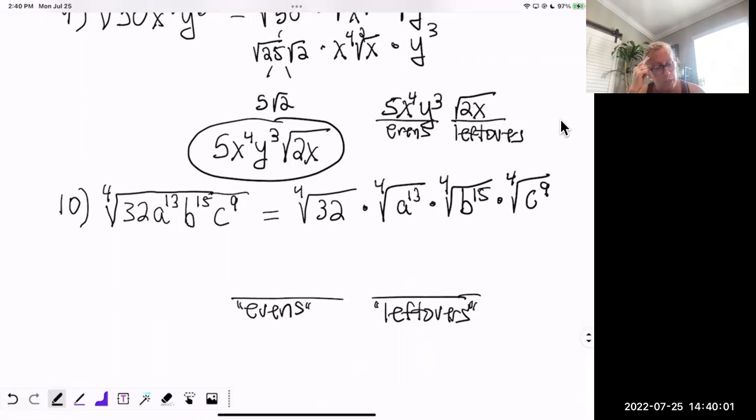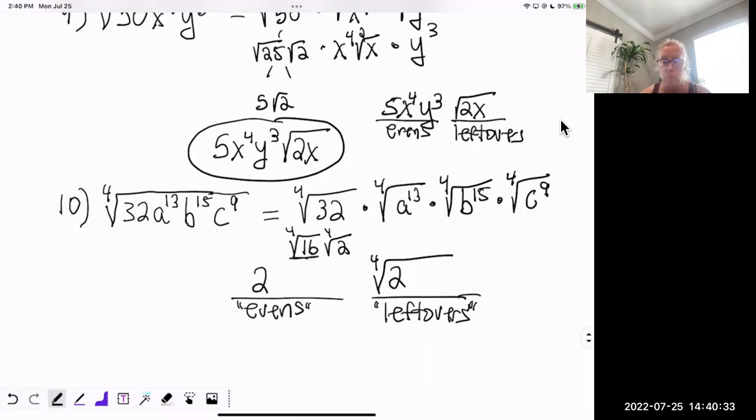Well, 2 times 2 times 2 times 2 is 16, and 3 times 3 times 3 times 3 is 81, so that'd be no. But if this is 16 times 2, okay, so 2 times 2 is 4, times 2 is 8, times 2 is 16. Good. So I know my answer is 2, and then this is going to be 2 left over.